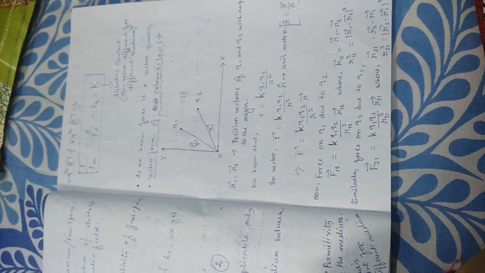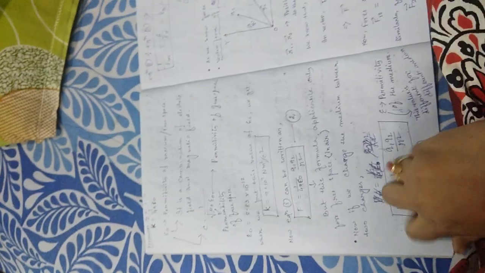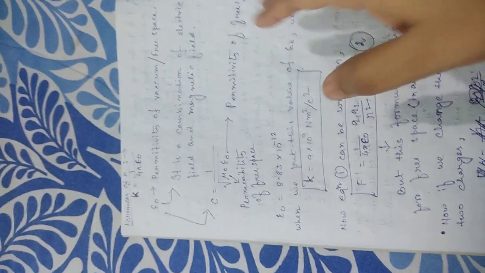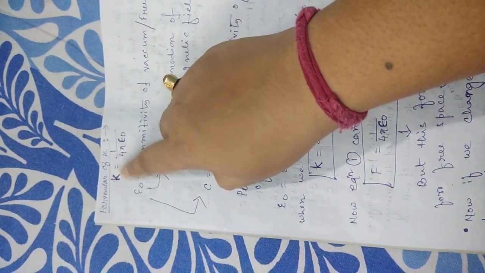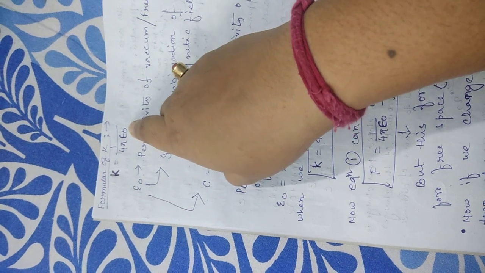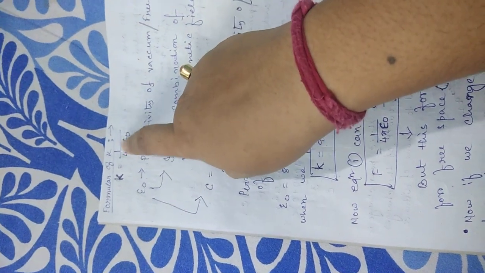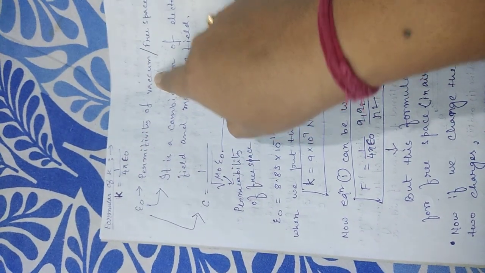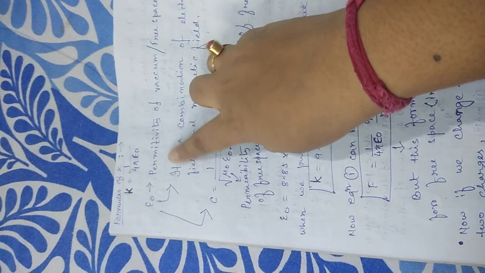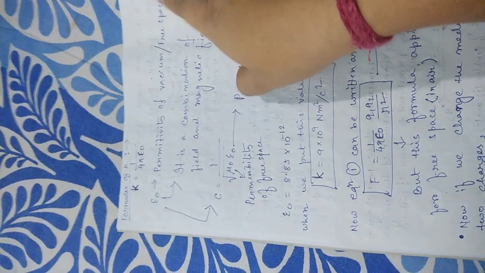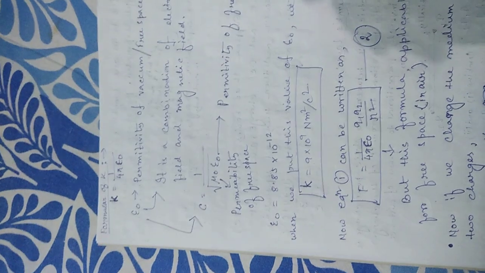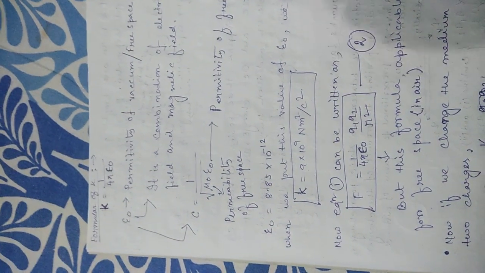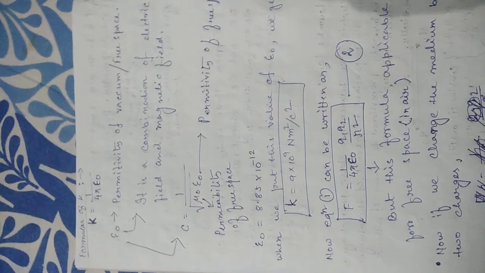Now from where do we get that value of k? There is one formula, k equals 1 by 4 pi epsilon naught. 4 pi is a constant, we know that, but what is this epsilon naught? Epsilon naught is the permittivity of vacuum or free space. Permittivity means the nature of the medium.